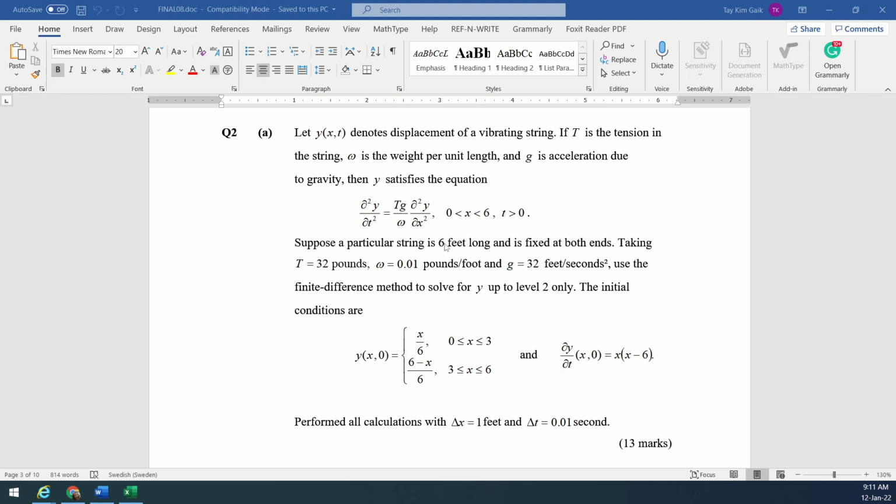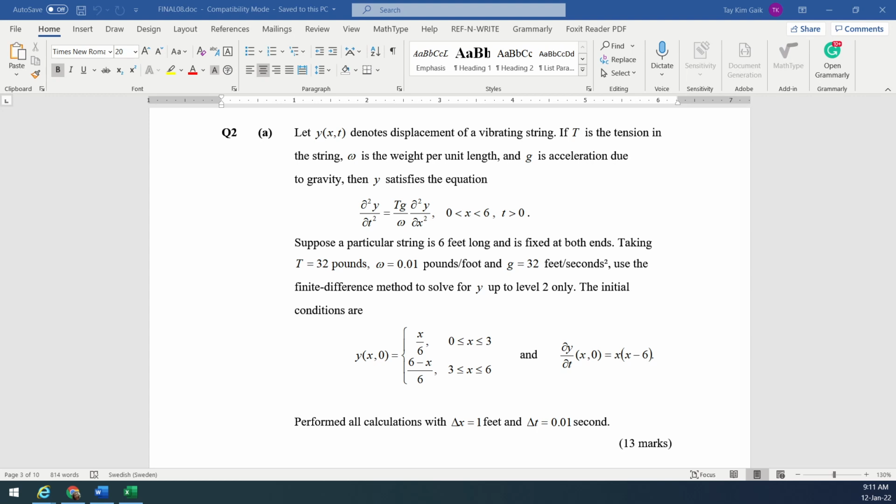Question 2A here. Is it ODE or PDE? First question. You can also type in the chat. Those who want to answer can type in the chat, ODE or PDE. PDE. PDE, correct. Thank you.